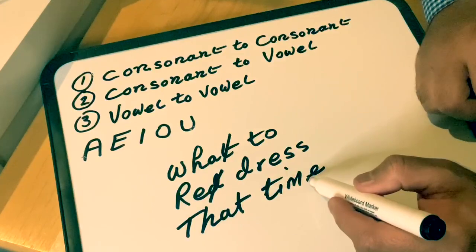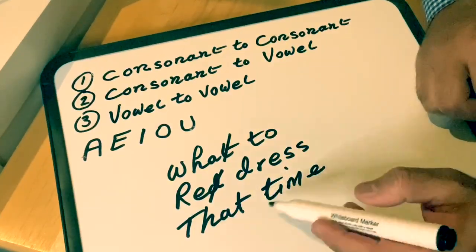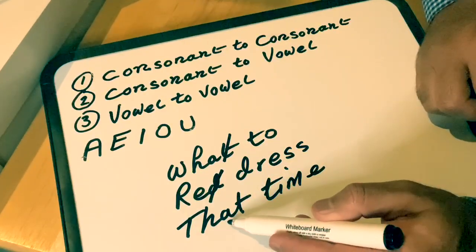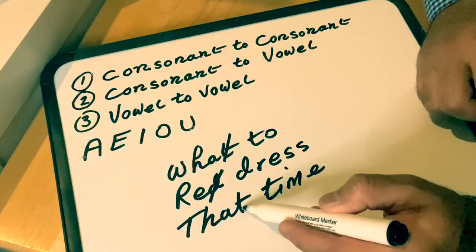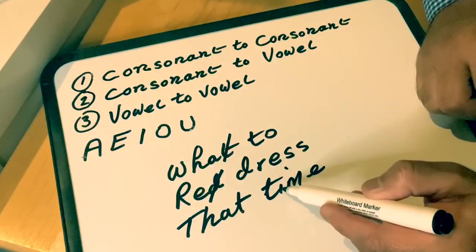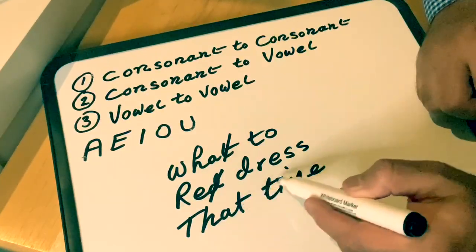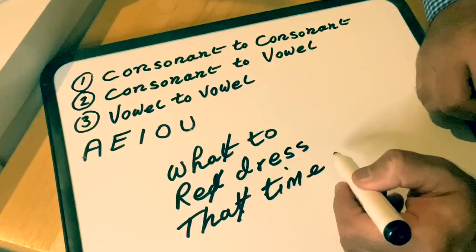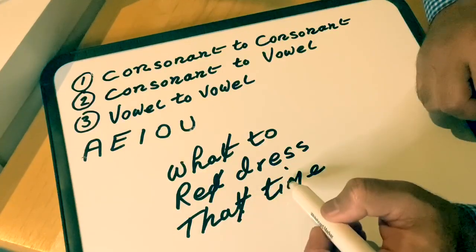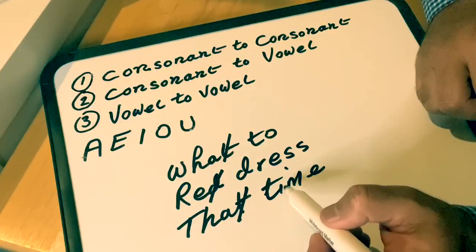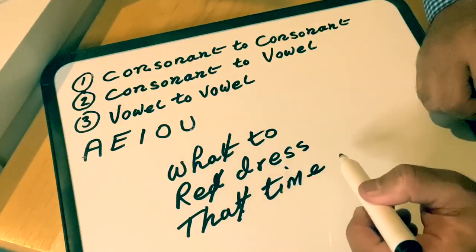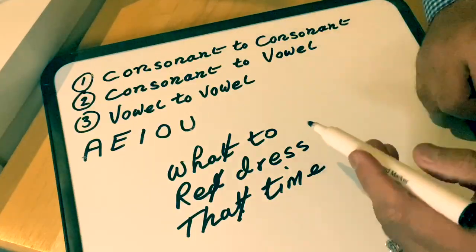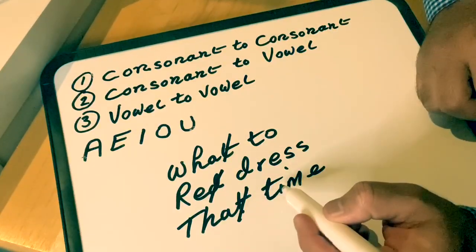That time. As you can see, this word that ends with a consonant T and the second word starts with a consonant T. Both have the same sound. You just delete one and it becomes the time. Instead of that time, you just make it continuous by saying the time.